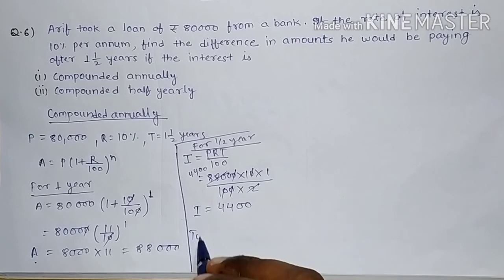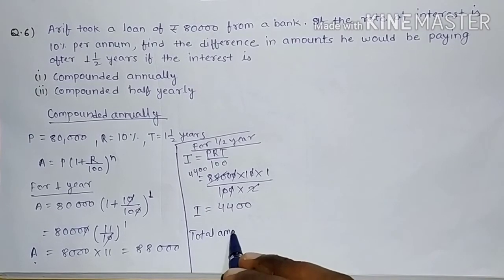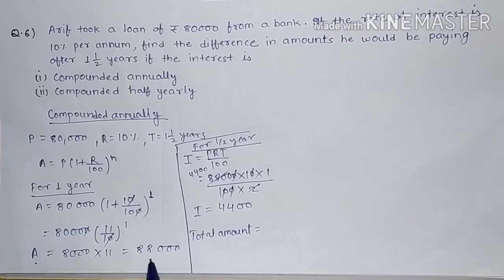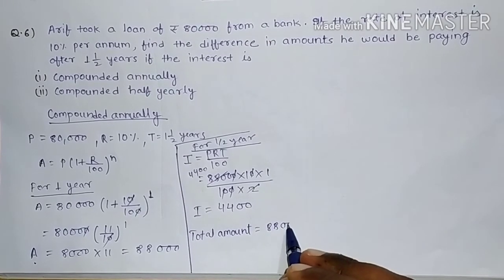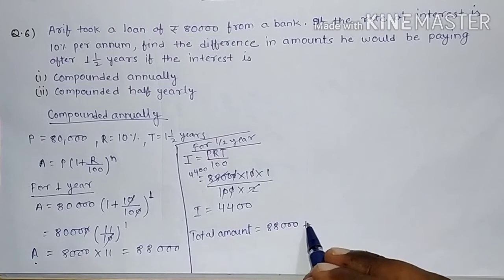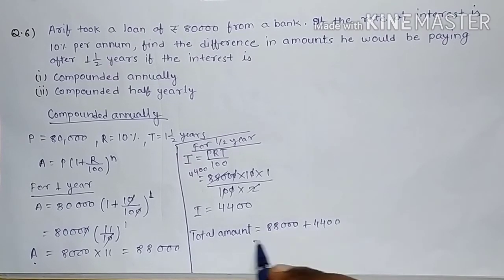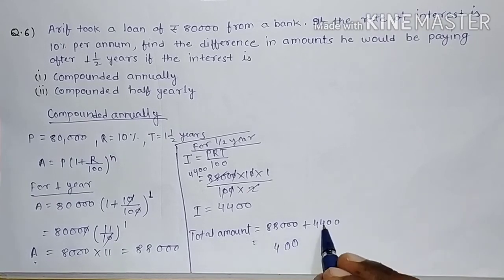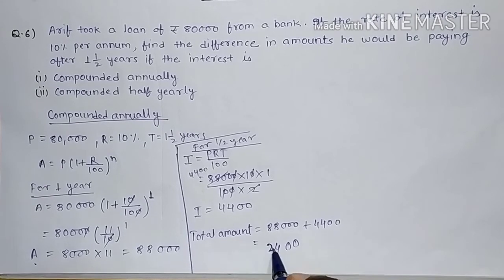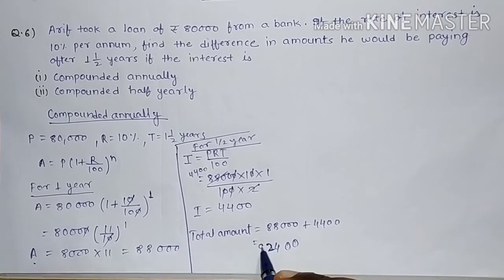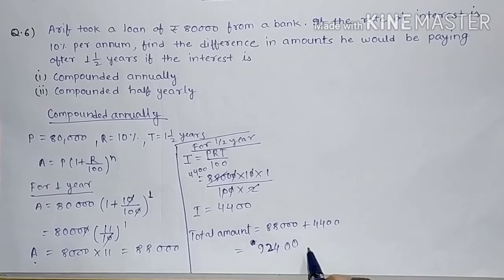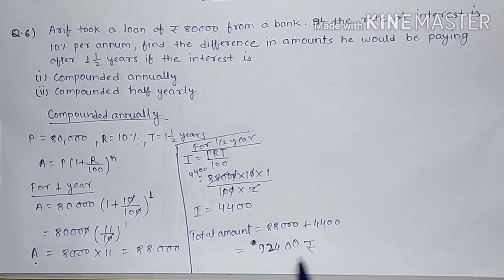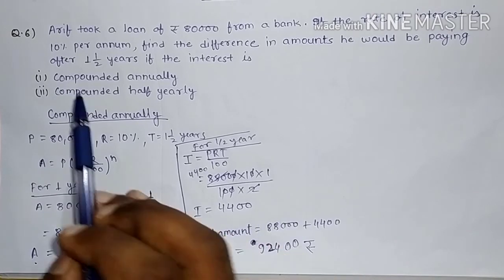So total amount equals amount, that is 88,000, plus interest, that is 4400. Just add this: 0 plus 0 is 0, 0 plus 0 is 0, 0 plus 4 is 4, 8 plus 4 is 12, 2 carry 1, and 8 plus 1 is 9. So this will be 92,400 rupees. Now this is the total amount when interest is compounded annually.